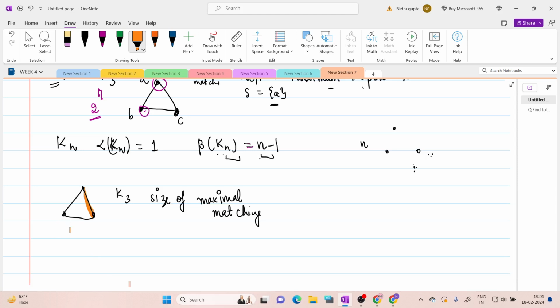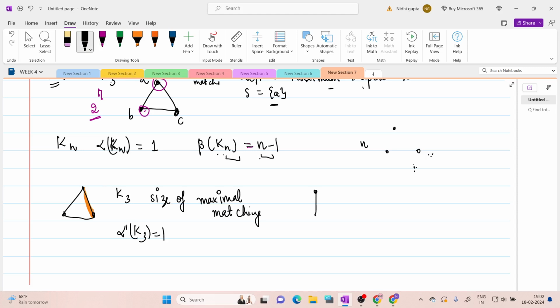Why? Because a matching cannot have two edges with a common vertex. If we have taken one edge and take any other edge, we will have to repeat a vertex, which is not allowed. So alpha dash K3 is 1.